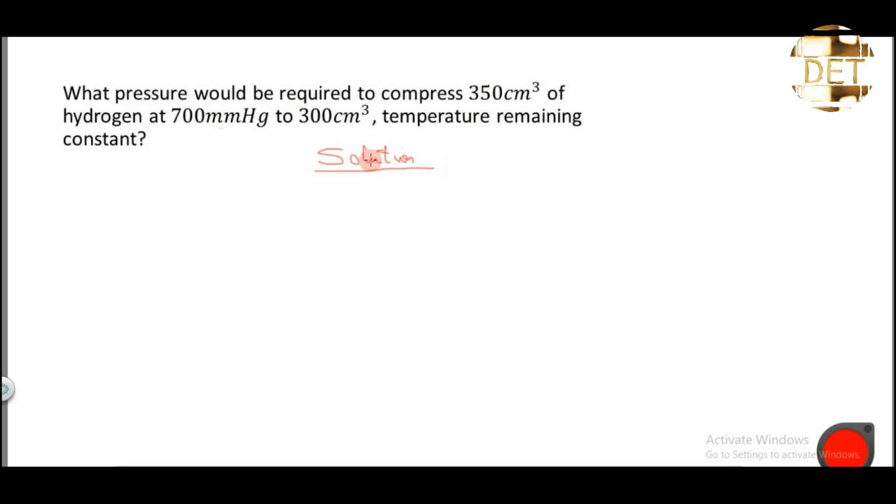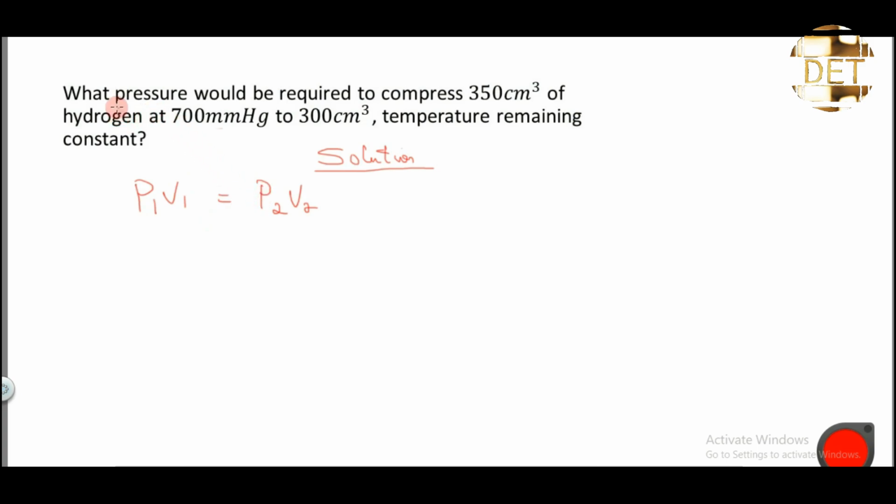If you look at this question properly, we're dealing with volume and we're dealing with pressure. So this should tell you that this is an application of Boyle's law. And Boyle's law formula states that P1 V1 is equal to P2 V2. So you must remember this formula. This is Boyle's law formula.